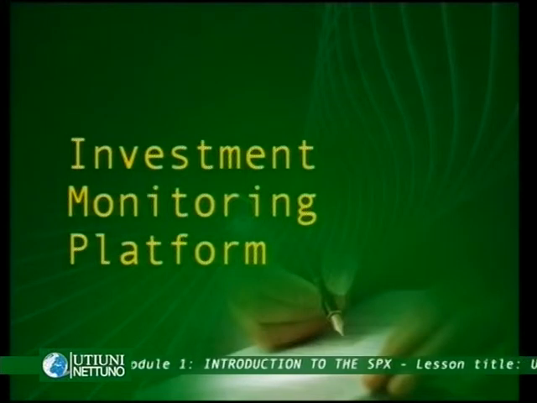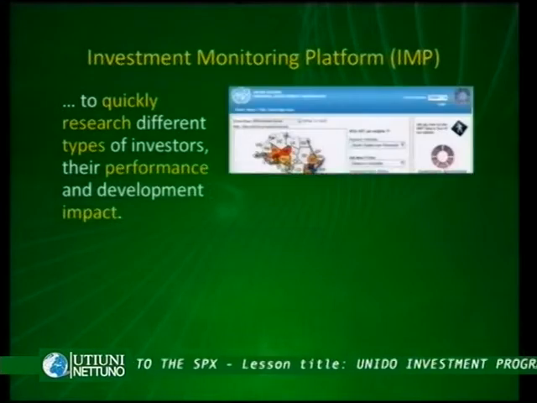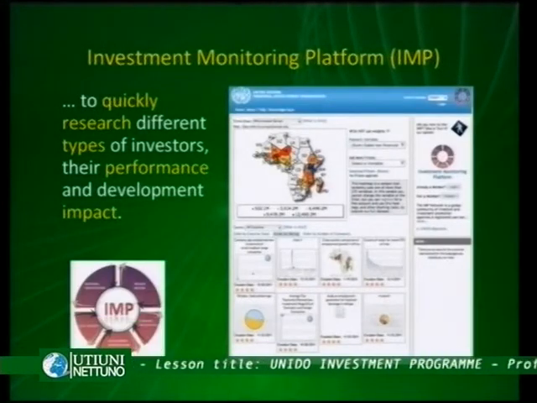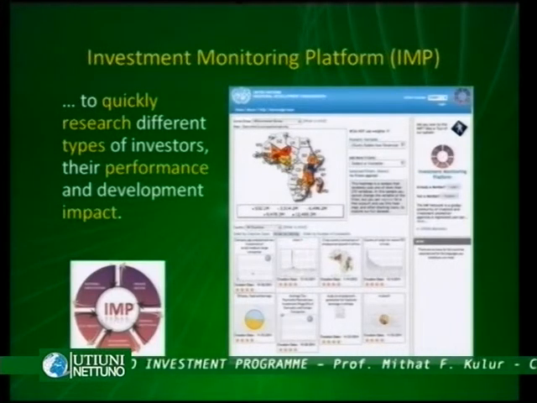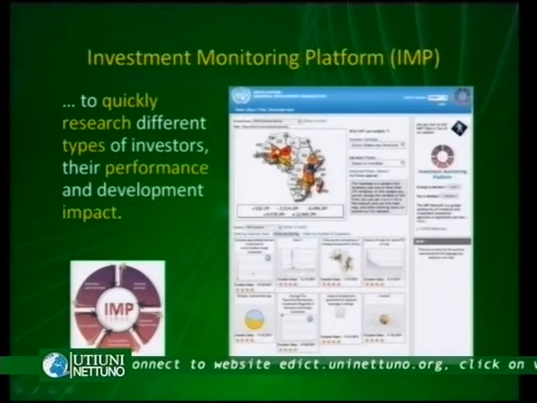So, what is the investment monitoring platform? The investment monitoring platform is an online tool that houses the data collected from companies on the ground. In the case of Africa, we now have collected data from 19 sub-Saharan countries. Those 19 countries are the ones you see colored on the map here.